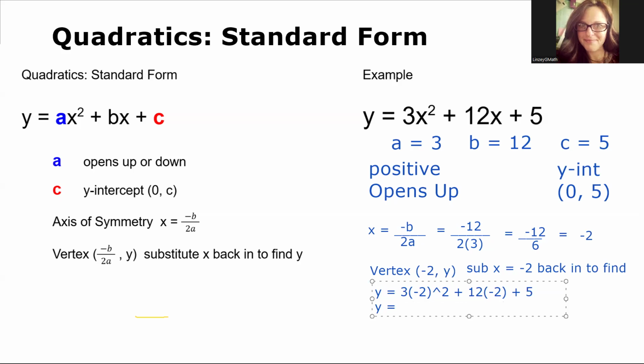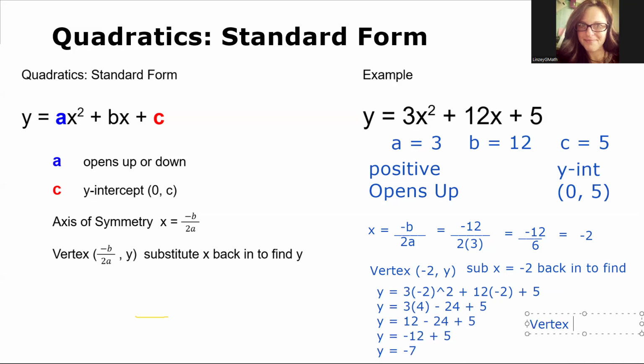And then we'll use our order of operations, negative 2 squared, multiply exponents, and we get negative 7 for y. Our vertex: negative 2, that was from negative b over 2 times a, and then we substituted negative 2 back in and got negative 7 for y.